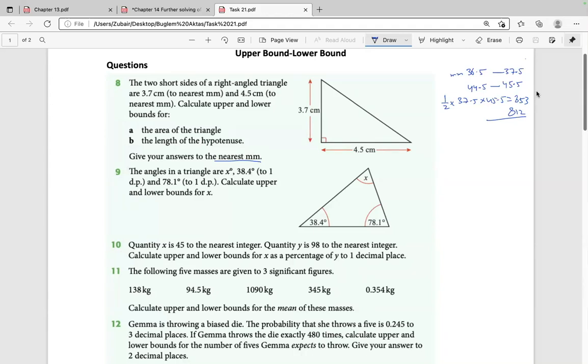That's right. 58.996. So rounded to the nearest millimeter is 59. And in the same way, we'll just use different values, 36.5 and 44.5 to get 57.55, which is 58.